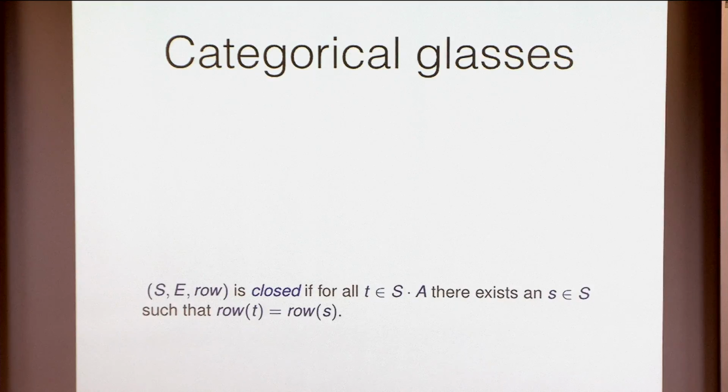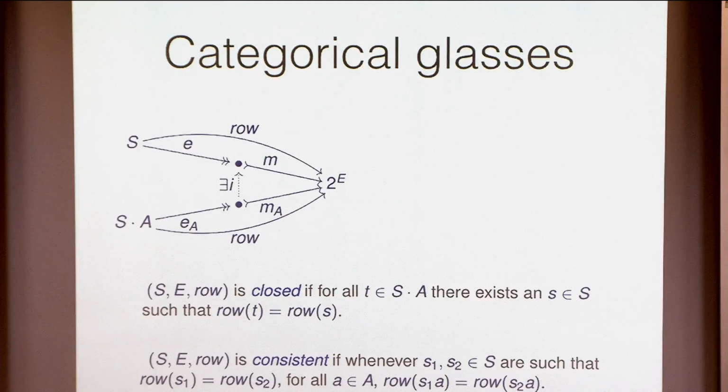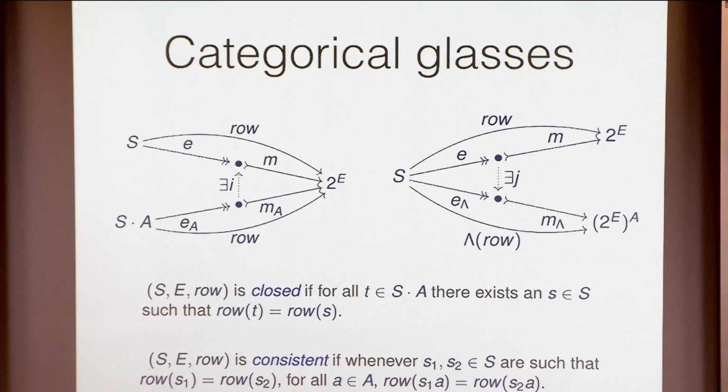So the observation is that the definitions of closed and consistent, which are the crucial definitions in Angluin's original paper, can be written, and the details don't really matter, in a certain diagrammatical form that, after you look at it for a while, you realize requires only that you have a category with epi-mono factorizations.